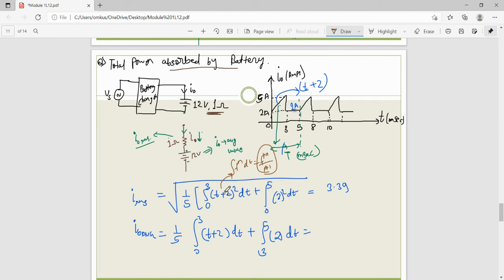If you split it, the whole expression is changed, so you need to take care of that. Accordingly, the answer which I have is 3.06 ampere. So you cross check it, once. The answer written with me is 3.06. The thing is that you do not split that expression, right.